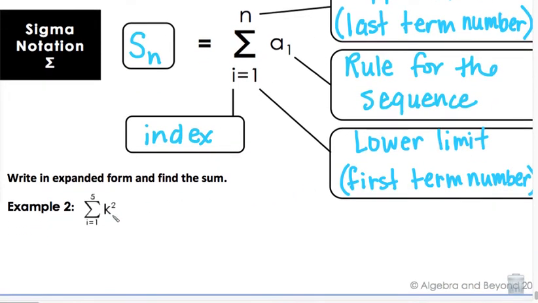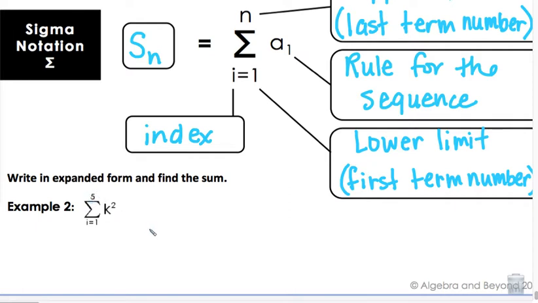All right, so let's look at example 2. Write in expanded form and find the sum. I notice that the rule for my sequence is k squared, and I have i equals 1, so my index starts at 1, my lower limit, and I'm going to go to term 5.